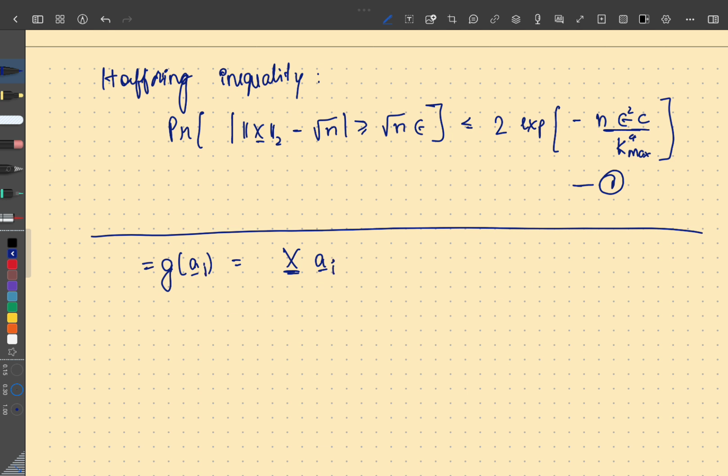Suppose that I take the ith vector. So G of A_i is equal to the matrix X times the vector A_i. Let me call this U_i. So U_i is a random vector, and the source of randomness basically comes from the matrix X.